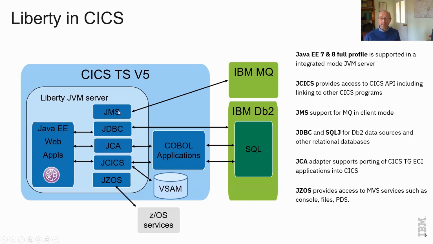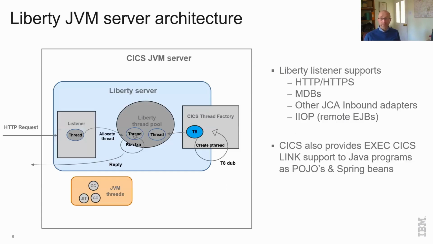We have JMS, the Java Messaging Service, which allows you to access IBM MQ. We have our own JCA resource adapter, which is essentially a wrapper to a link to allow you to access COBOL applications using the JCA paradigm as popularized by the CICS Transaction Gateway. And then we have the JZOS APIs, which are part of the Java SDK on Z, which enable you to access z/OS services such as file and console and so on. So lots of facilities to choose from.